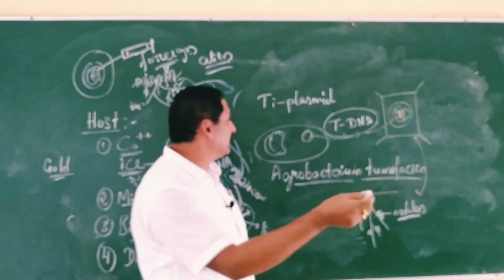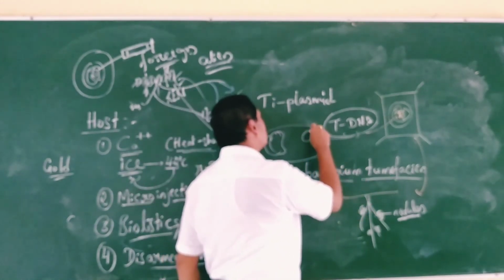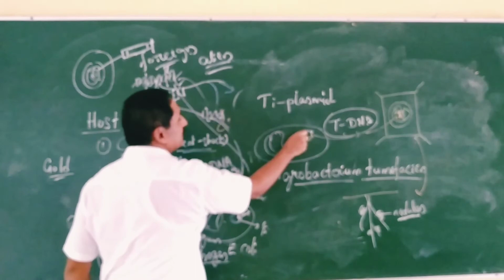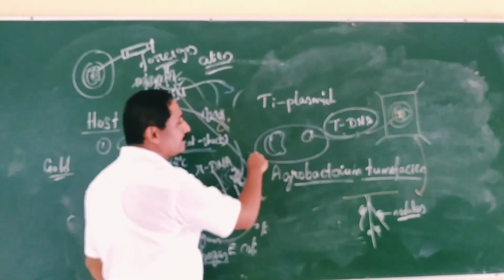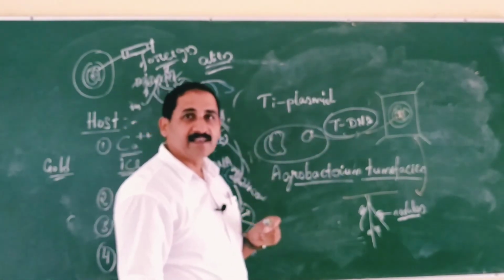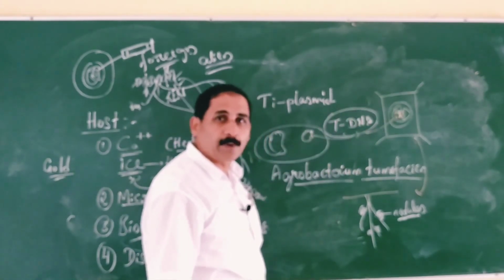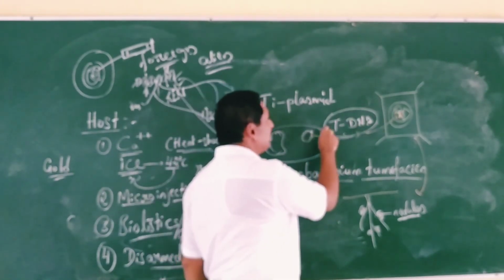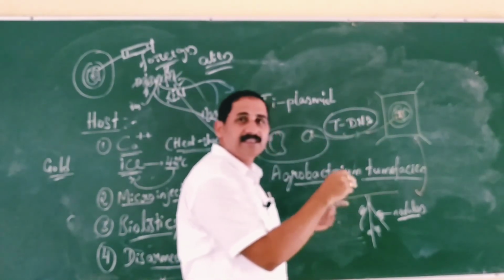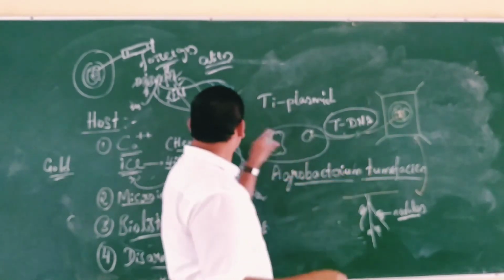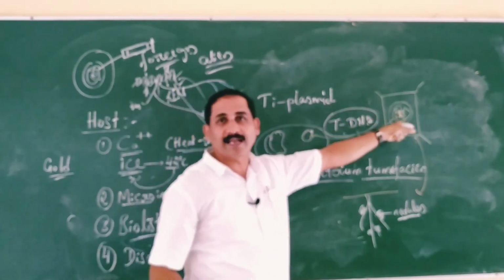When it delivers the tDNA, we also transfer the gene of interest. We are using this Agrobacterium tumefaciens in plant cells to transfer the gene of interest, to produce the rDNA. Along with the TI plasmid, when it delivers the specific DNA, it also delivers the gene of interest into the plant cell.